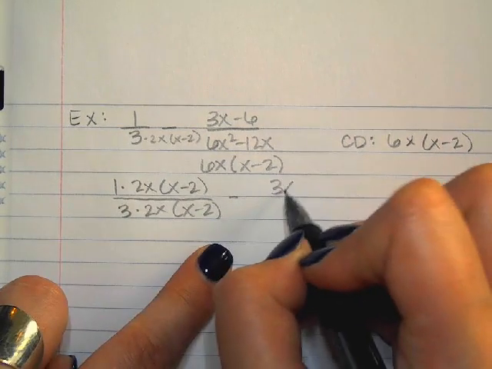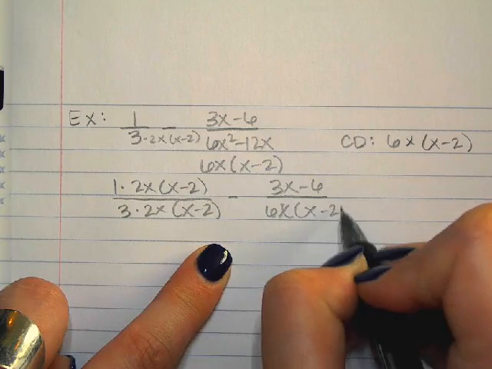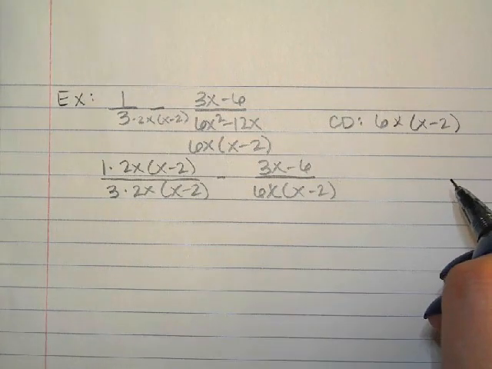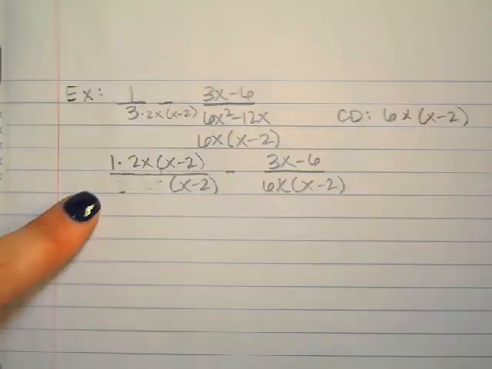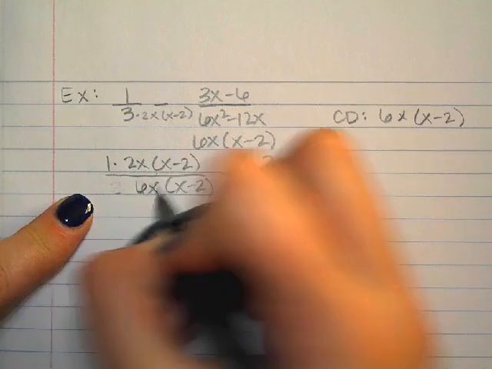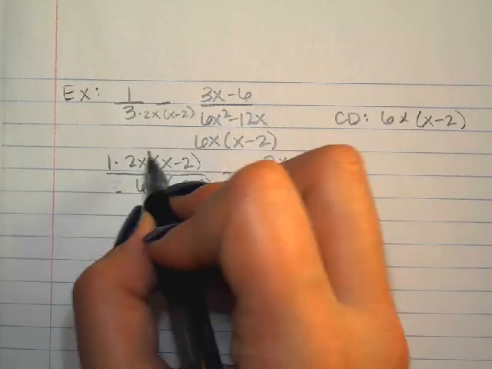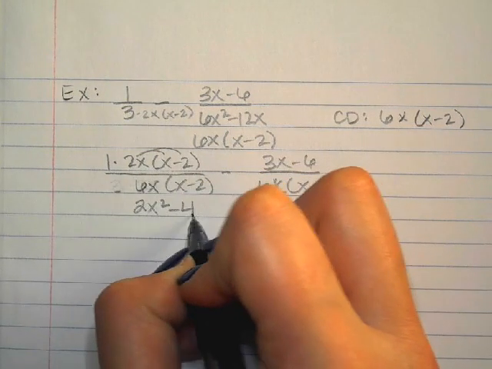The second fraction is just going to stay exactly the same because it already had that common denominator. Actually, I could have written this as just 6x. Okay. So 1 times 2x is just 2x, so I have 2x squared minus 4x.